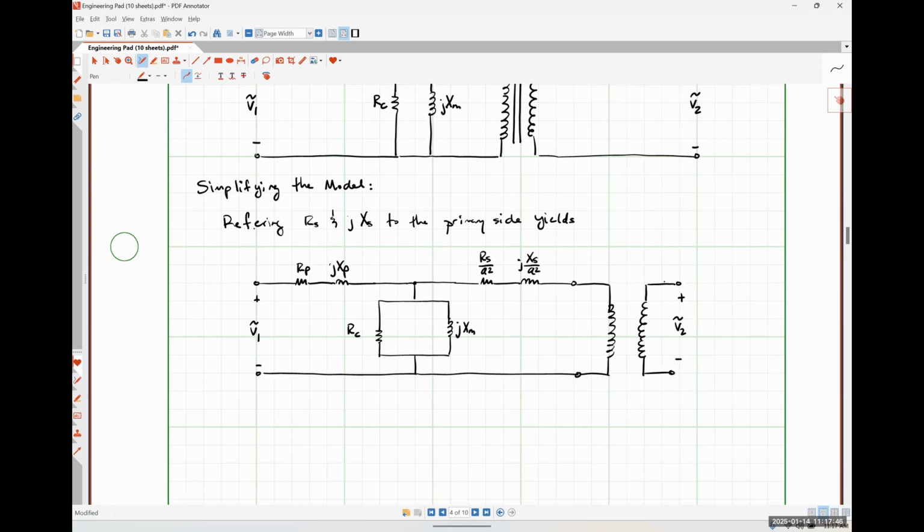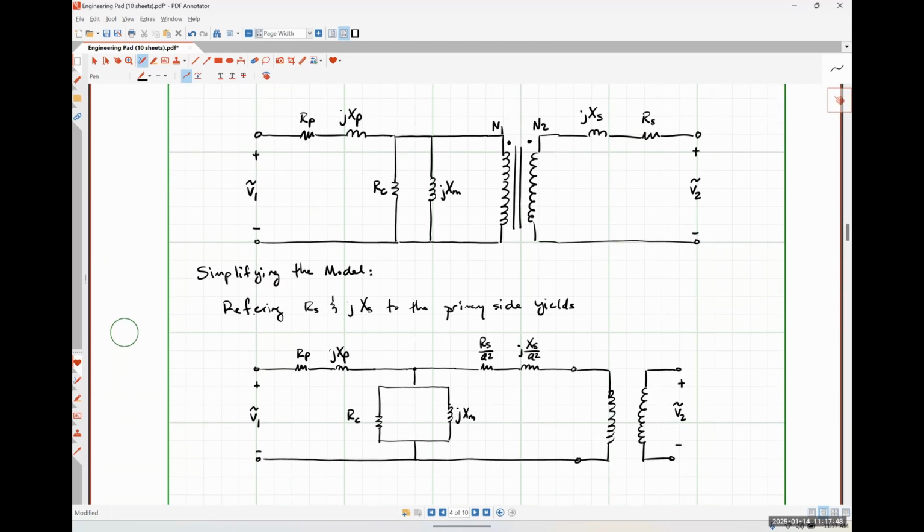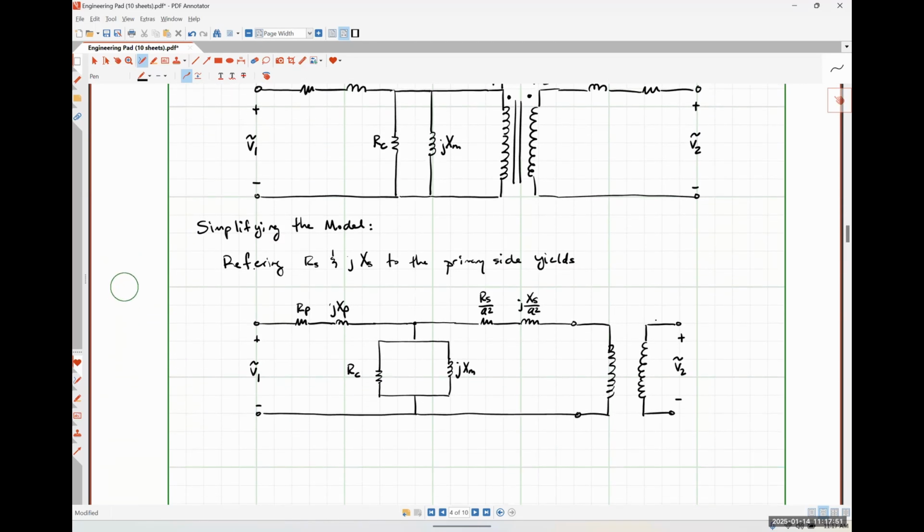And for what it's worth, I didn't draw my currents, so I'll put them here. So here's my secondary current, I2. Here's my primary current, I1.